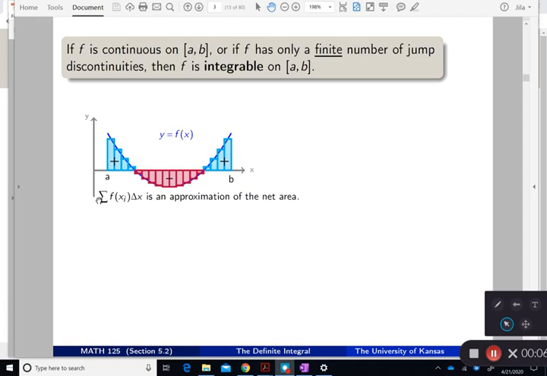And so in here, when you're doing the sum, you can see it's the estimation of the area above the x-axis. Those are the blue ones, and then you have to subtract, because when you plug in f, the values in the red zone are going to be negative values.